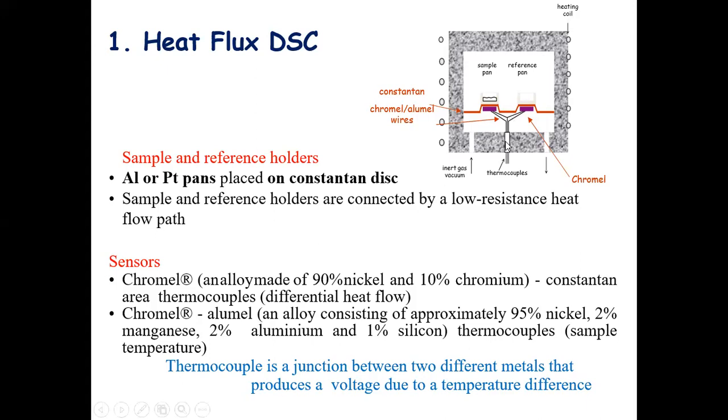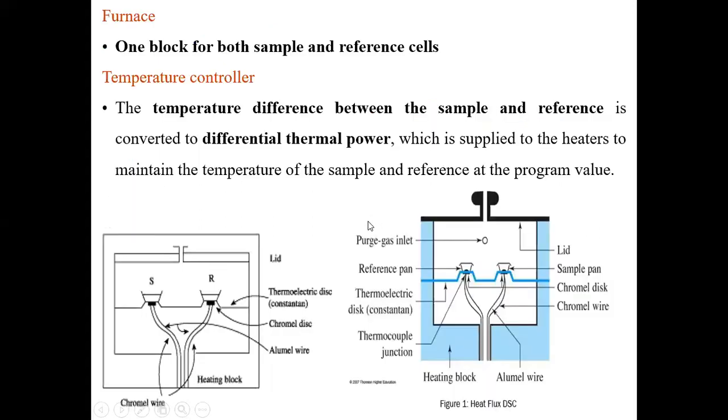Through the thermocouple, your chromel and alumel sensors are passed to your sample as well as the reference. So the thermocouple acts as a junction between the two different metals we are using for the sample pan and reference. Next, the furnace is there.